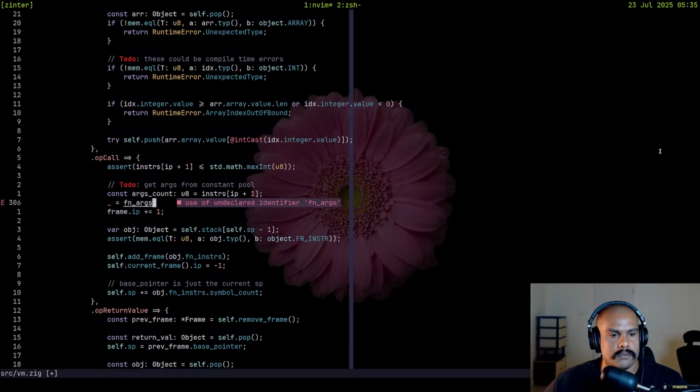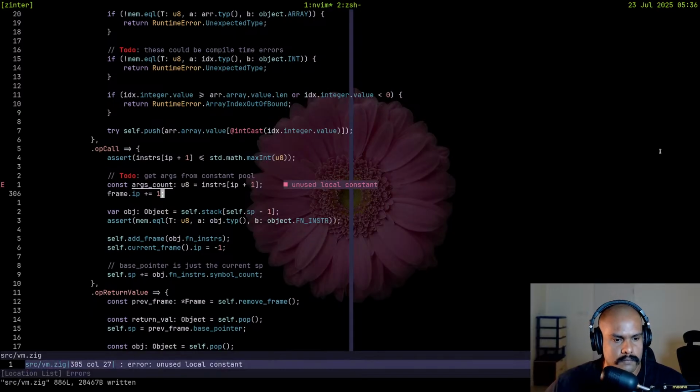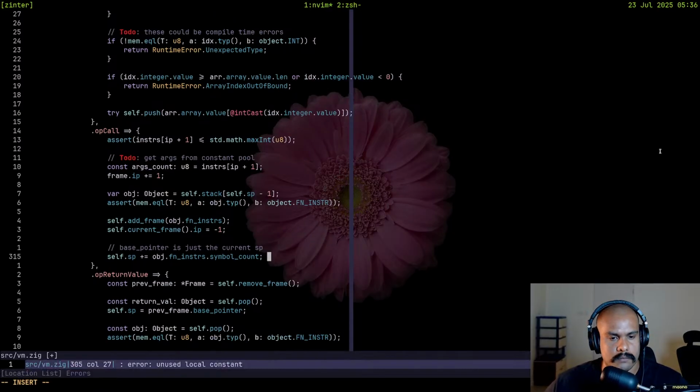Argument count. So the stack pointer should be plus args count.